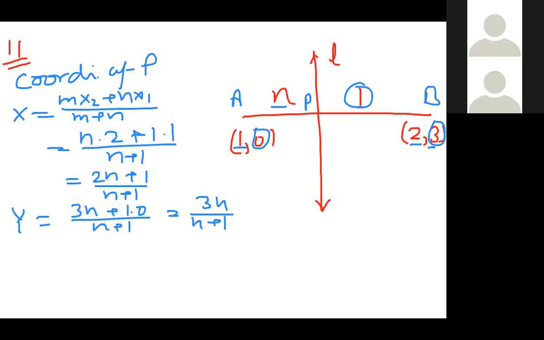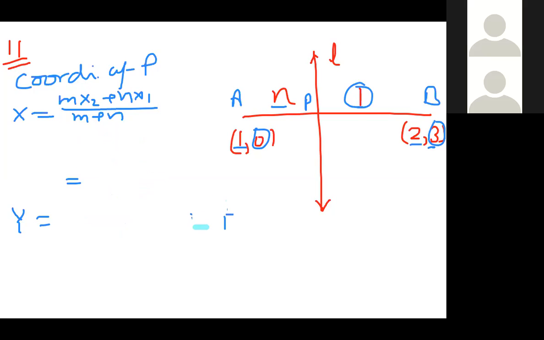I need to erase it. Try to see what mistake I have made. This was 1 ratio n. Just now, I looked in the book and I had written n ratio 1. That's why the answer might come out wrong. We have not reached that point yet, but still.